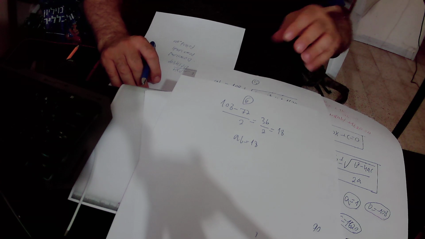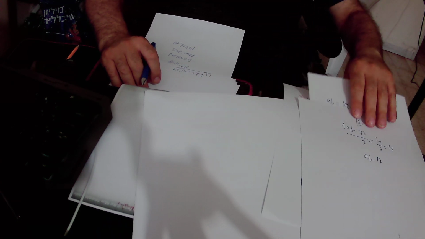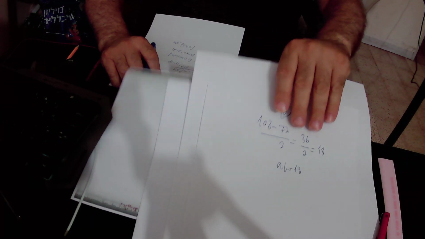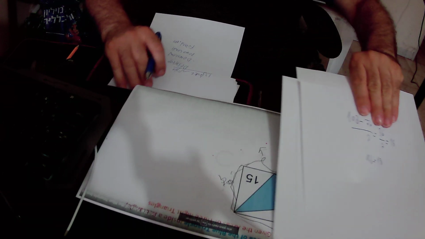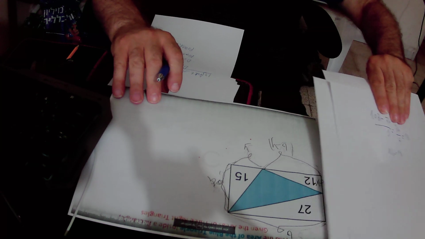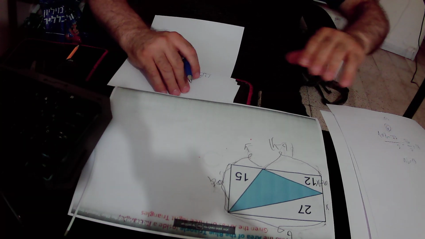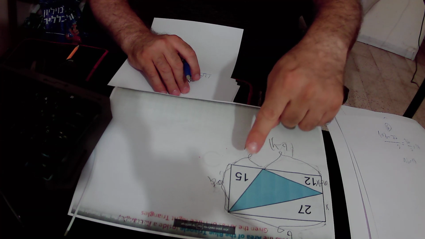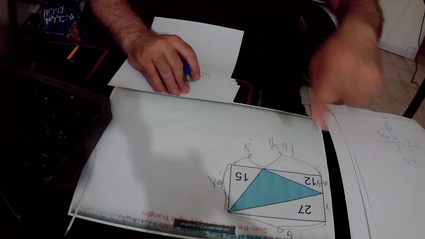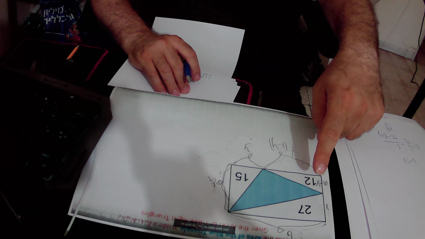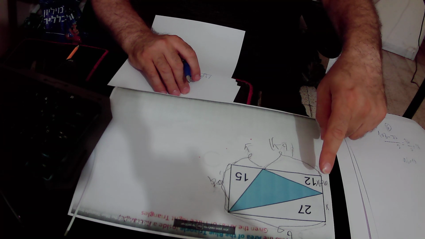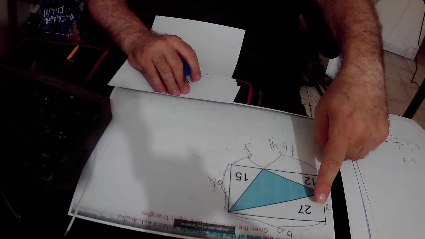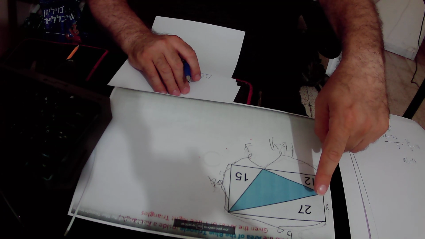But the solution of 18 is impossible, it is not correct at all, because as you can see, the area of the three right triangles in the white color is 27, and the area of this right triangle is bigger than 18.